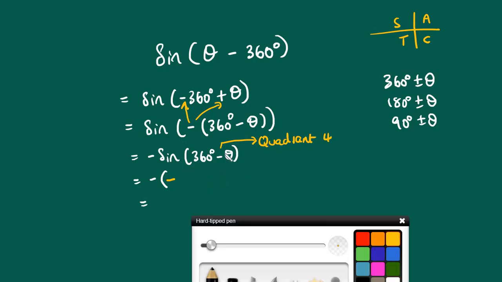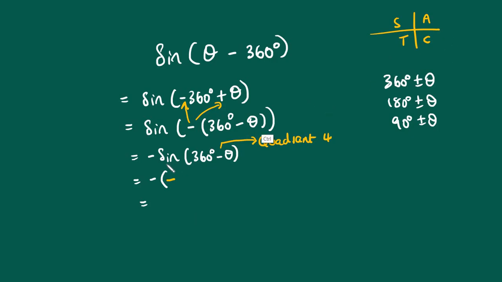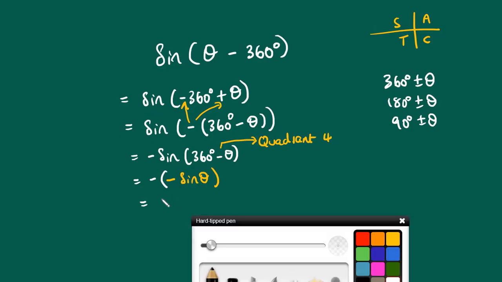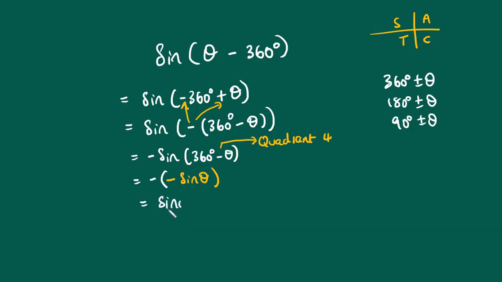Sine is negative in this quadrant, so the answer is negative sine theta. You don't repeat that again, just say negative sine theta, okay? Then your final answer is going to be positive sine theta, right? Well done, guys, to those who have positive, and to those who didn't, I hope you are seeing the light, right? And you're probably going to get more as we go.